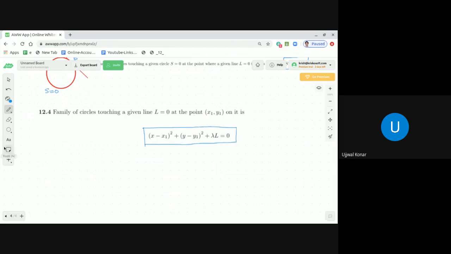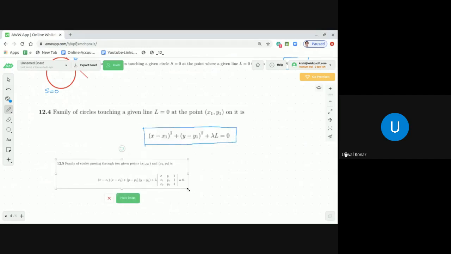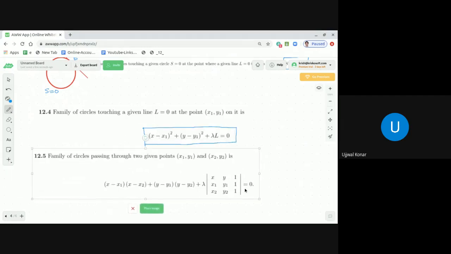The next point I'm going to tell you, dear students, is the family of circles passing through two given points. Suppose two points have been given to you, then how can you find the family of circles? As I said a few minutes back, if two points are given to you, then you can construct infinite number of circles. The equation of such infinite circles is obtained by this one.